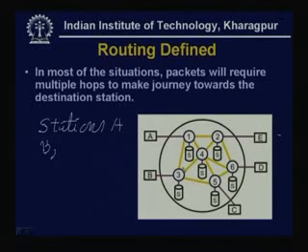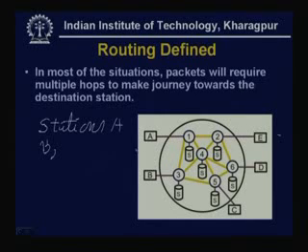Nodes are essentially switches, and as we know, the stations are connected to nodes, and nodes in turn may be connected to some other node or connected to other stations.